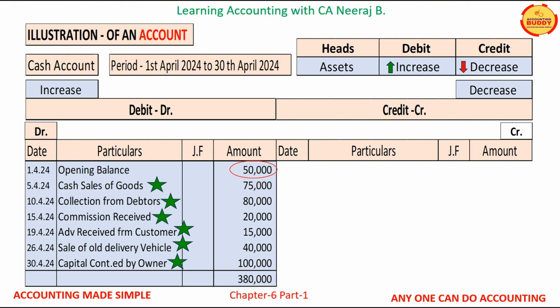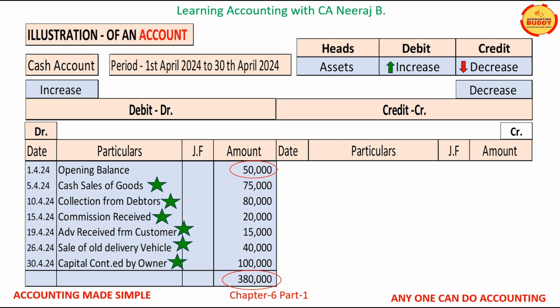Now on the debit side of the cash account, with the opening balance of 50,000 and after adding all the cash amounts received during the period of April 24, the total value is 380,000.